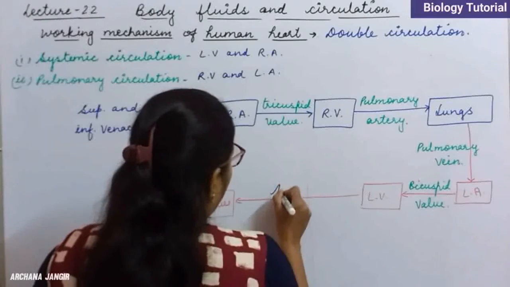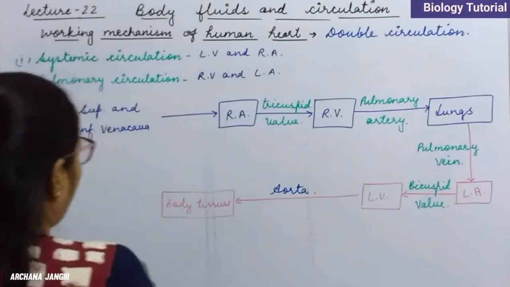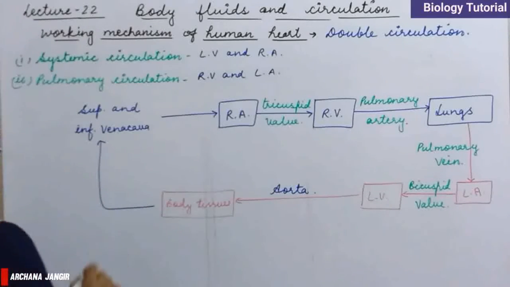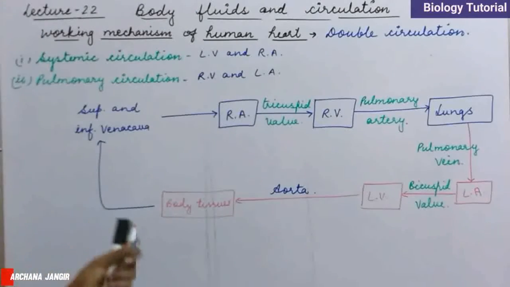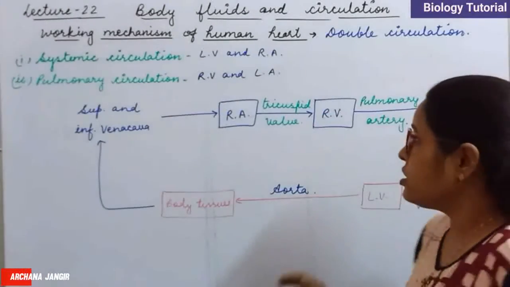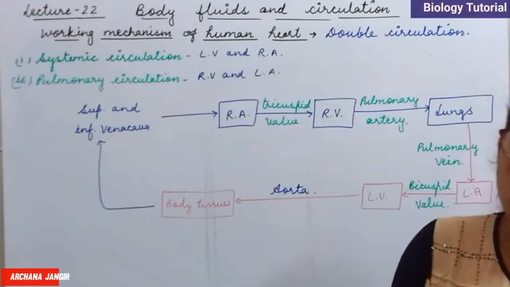That largest artery is called the aorta, and after the body tissues, again the deoxygenated blood goes to the right auricle through the superior and inferior vena cava. Clear? So this is the flow chart of double circulation.